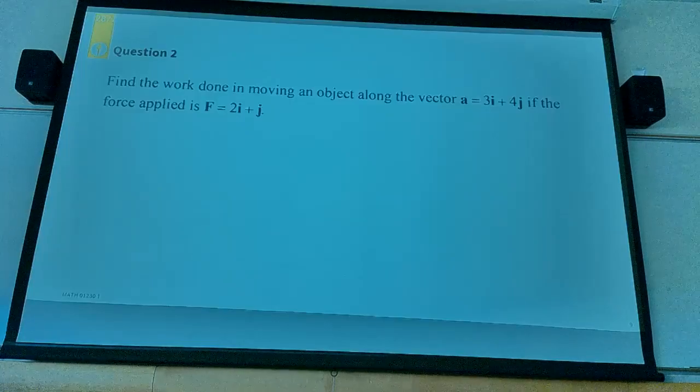Work done in moving an object along the vector A with an applied force of F. That's easy.